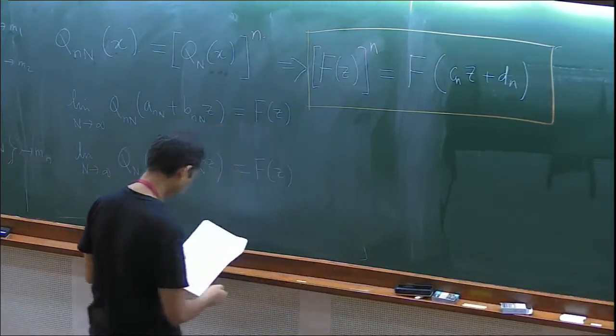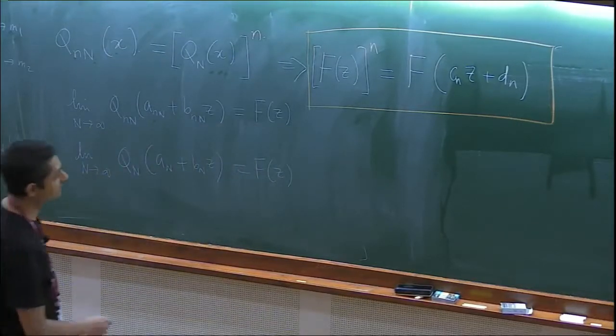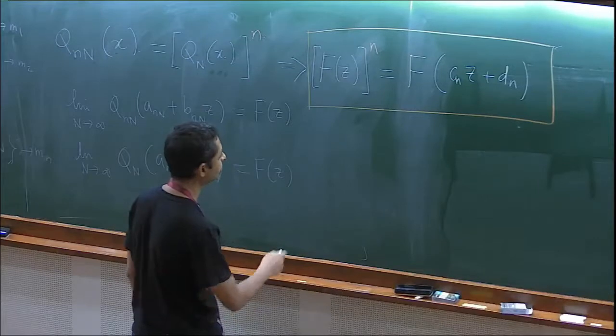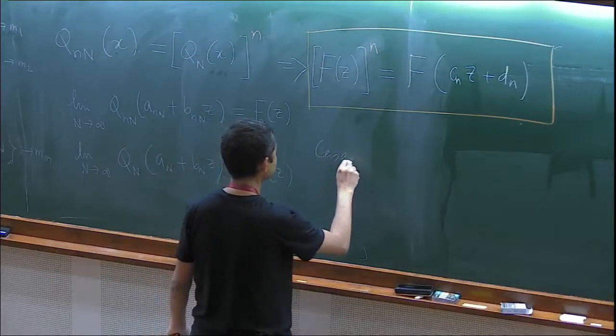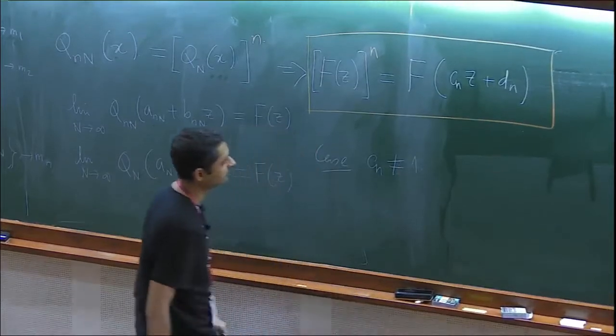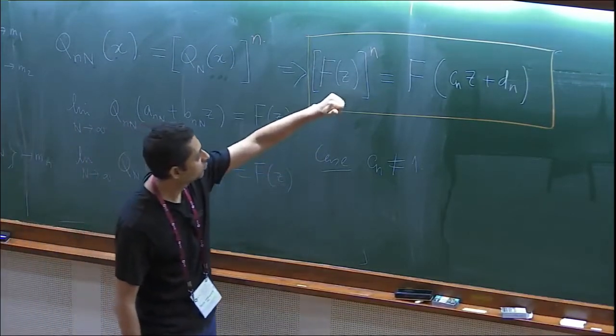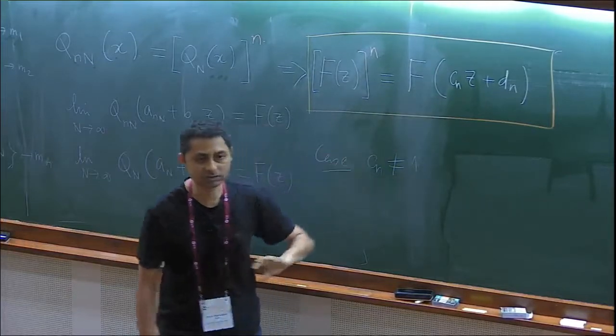So how do you solve this functional equation? Let's first consider a case where Cn is not equal to 1. We're going to solve separately for two cases: Cn equal to 1 and Cn not equal to 1.